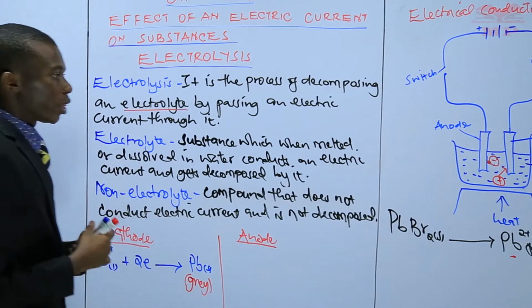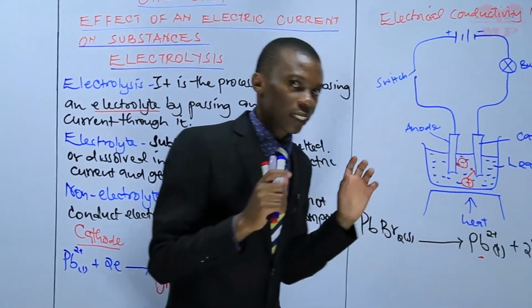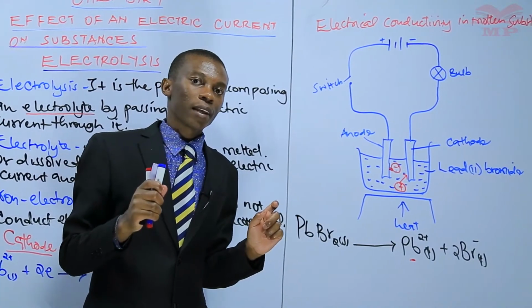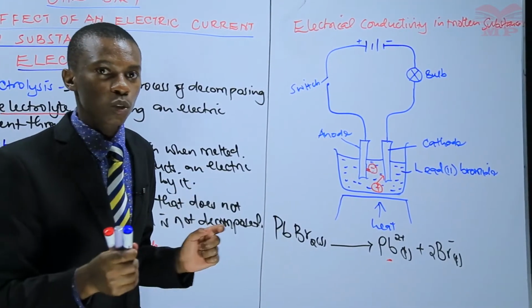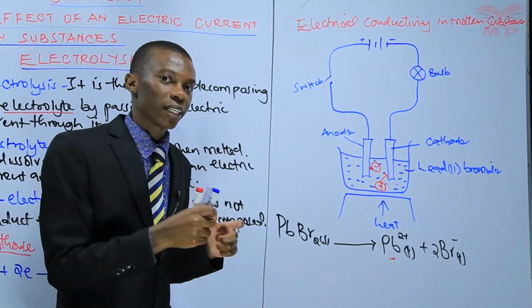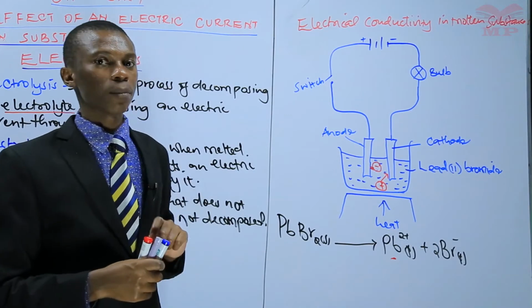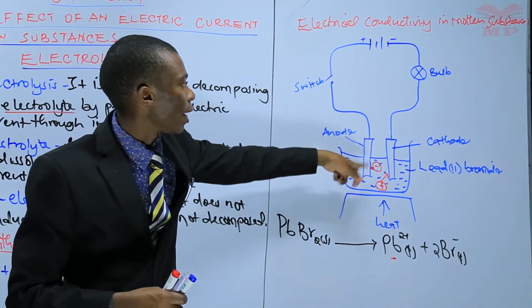We have the bromide ions. Bromide ions which are negatively charged, they get attracted towards the positively charged electrode, and they are deposited there. And therefore, the observation after some time, you will see red vapor around the anode.